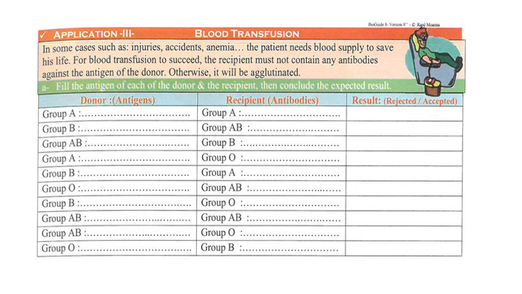Okay, so blood group A, the donor has antigen A. Blood group A, the recipient has antibody B, and the result is accepted. So accepted means there is no agglutination. Blood group B, the donor has antigen B, and the blood group B, the recipient has no antibodies. So the result here is also accepted since there is no antibodies.